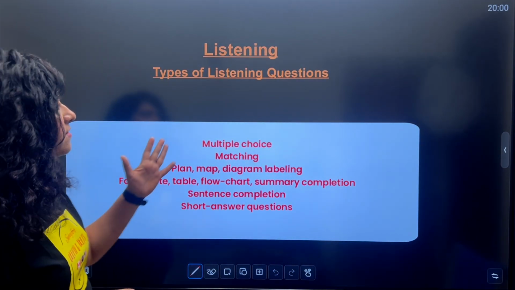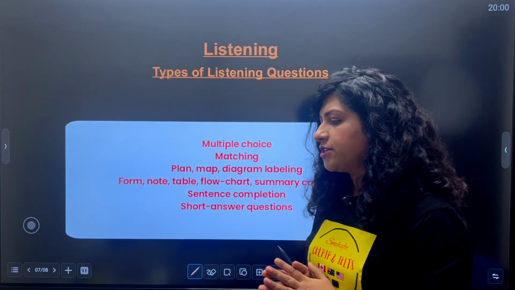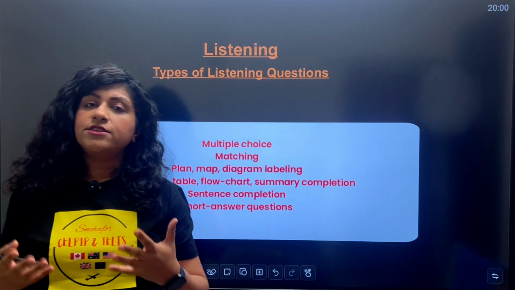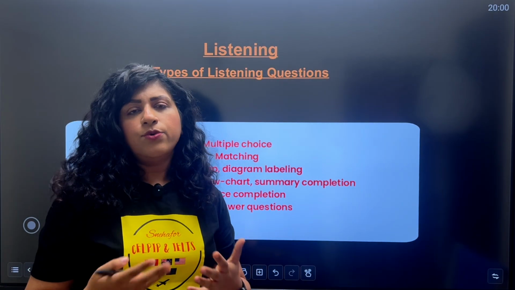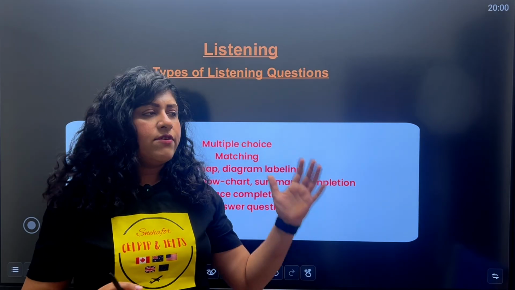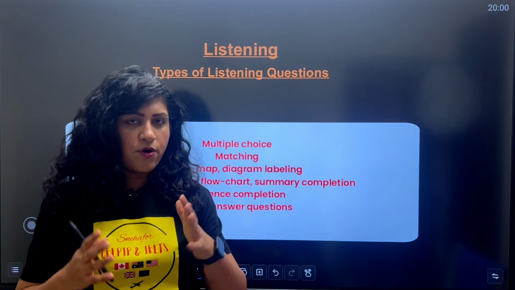The last part that we are going to discuss today is the listening section. Now in listening section what happens is, you're given an audio and based on that audio, you have to answer certain questions. Now in IELTS, when the audio is being played, the questions are there in front of you on the screen.